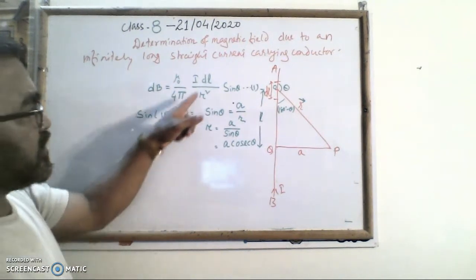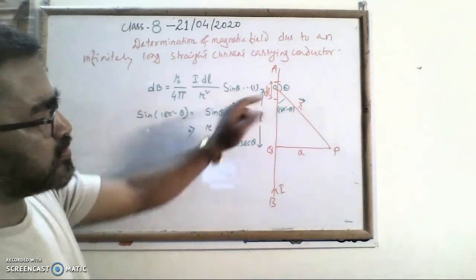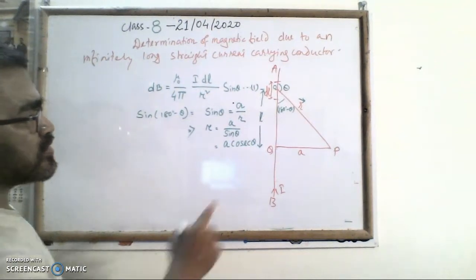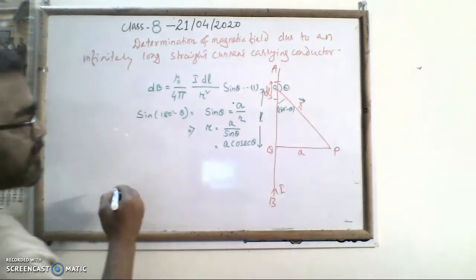and also we have to find out the value of dl from this. How do you see?